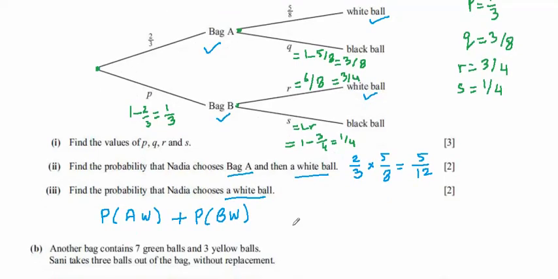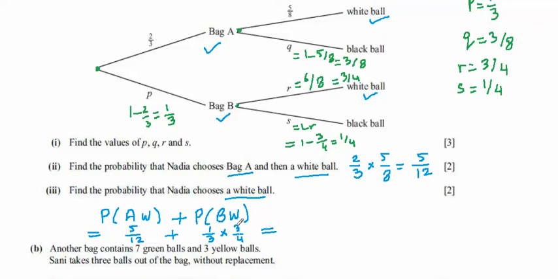So this will be equal to, already we have done this here, so I'm writing in short this one. So it is 5 over 12 plus, the detailed working is already done here, from the bag B, which is 1 over 3, and white here is 3 over 4, so it is 3 over 12.